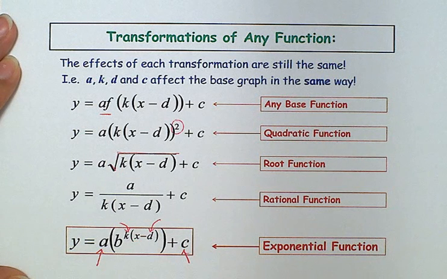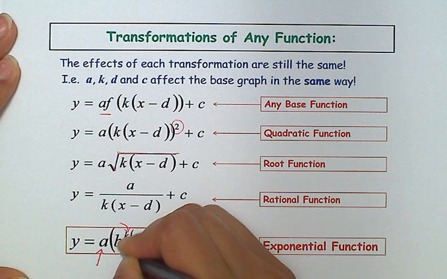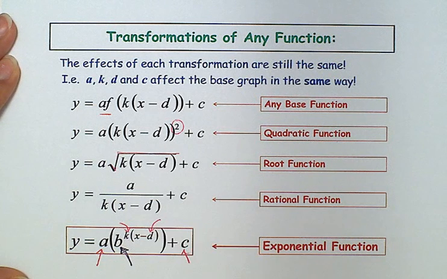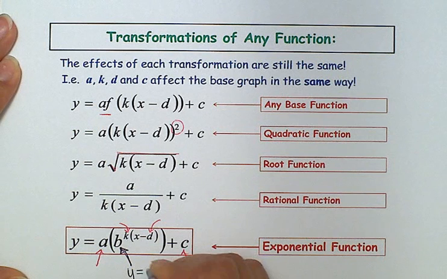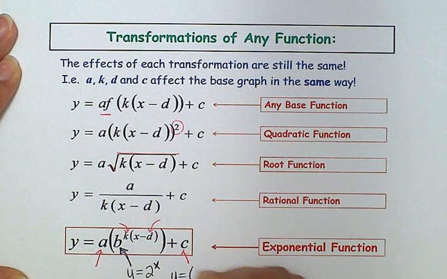Now, the weird part of this equation is that you also have this random letter B, okay? And what this actually represents is the base of your exponential function. So remember that exponential functions can have varying bases. You can have y equals 2 to the exponent x, or you can have y equals 1 over 4 to the exponent x.